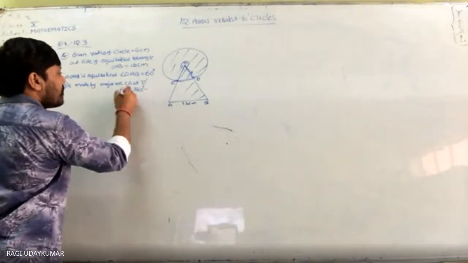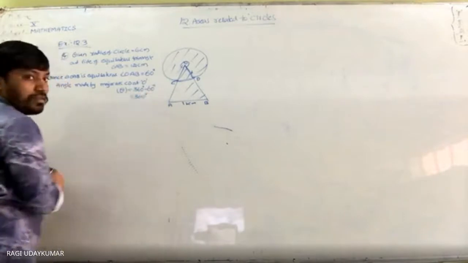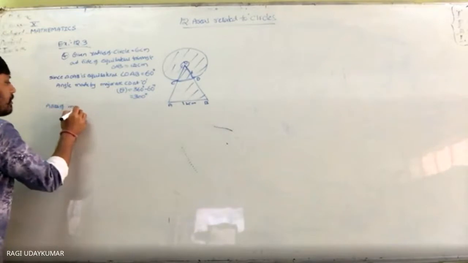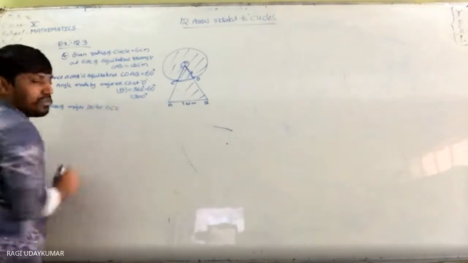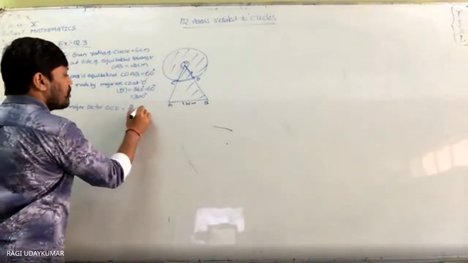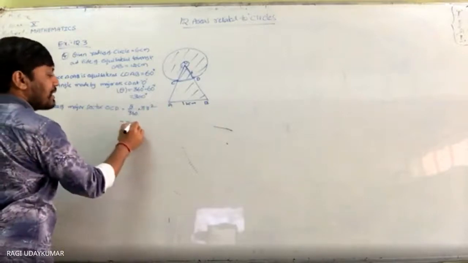For theta, 360 minus 60, which is equal to 300 degrees. Therefore, area of the major sector OCD is equal to theta by 360 into pi r square. So theta here is 300 degrees.